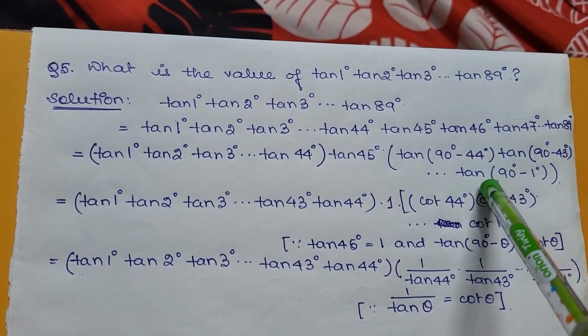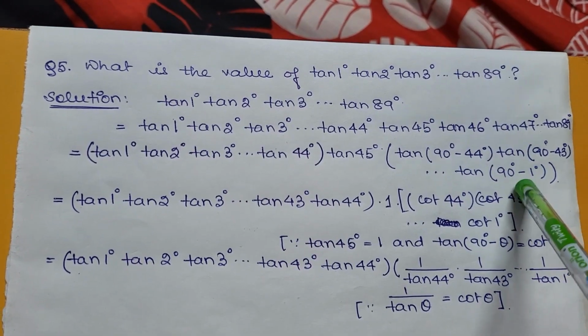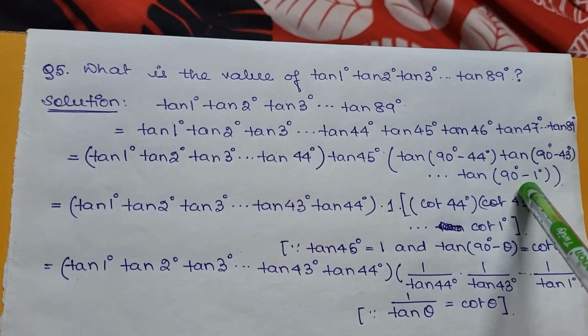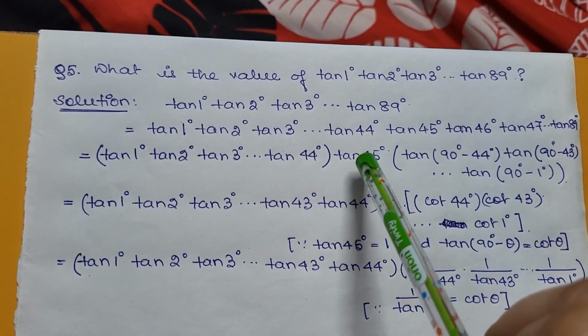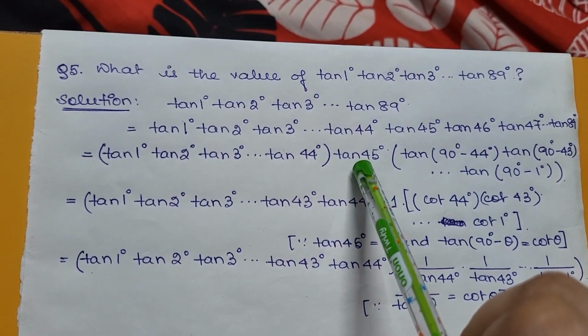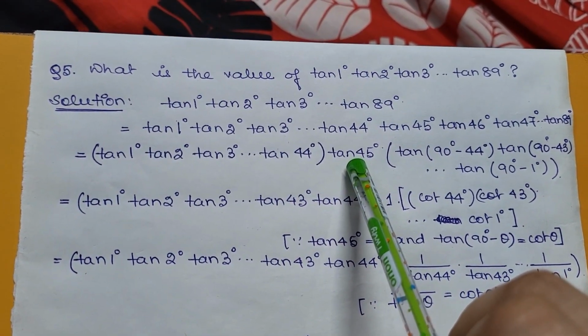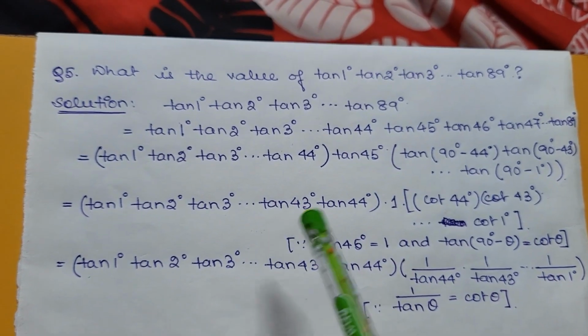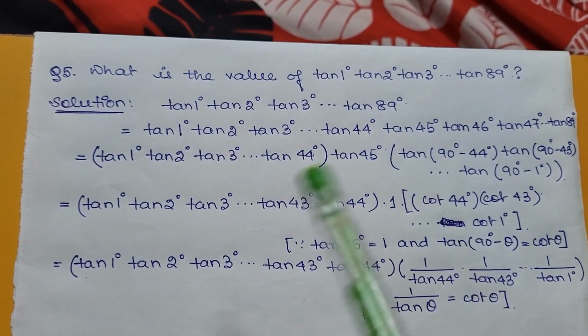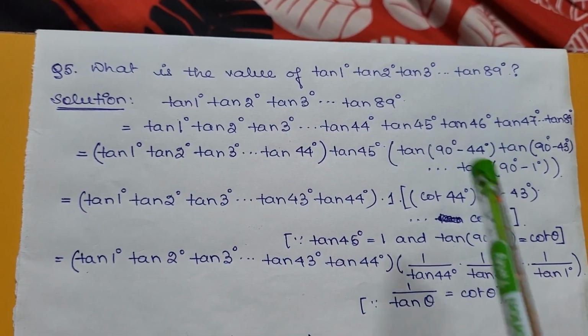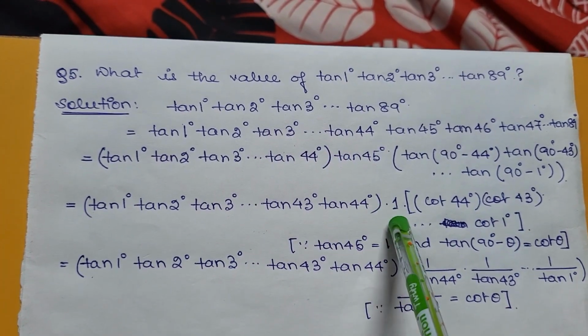So it becomes cot of this theta, and the theta here is 1 degree. So it becomes cot 1 degree. Now we know from the trigonometric table the values for 30 degree, 45 degree, 60 degree, 0 degree and 90 degree. So tan 45 is actually 1.